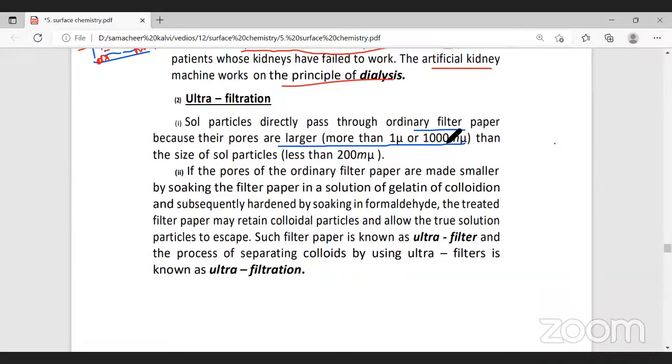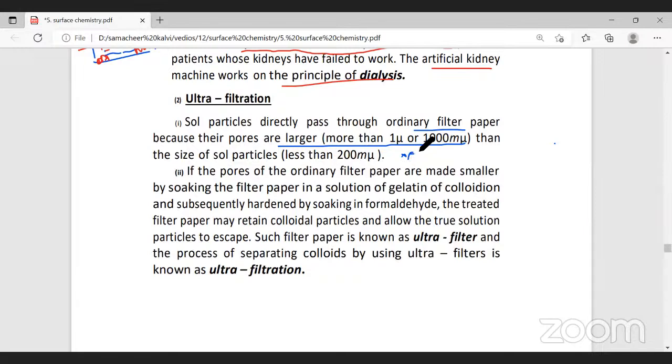Our colloidal particles are in nanometers, but in the case of ordinary filter paper, the pore size is in micrometers. That means the pore size in ordinary filter paper is bigger than the size of the particles. Therefore, we cannot filter it using ordinary filter paper.